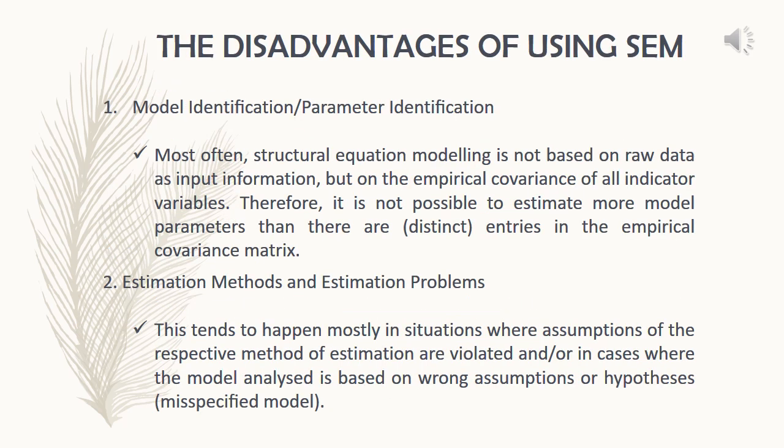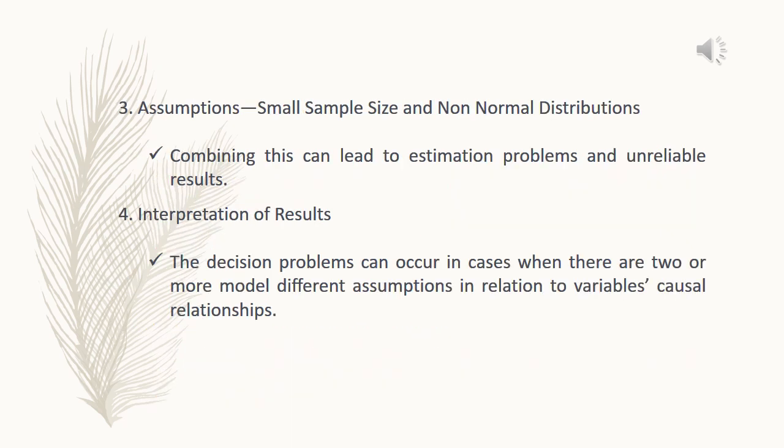Next we explore the disadvantages of the SEM. 1. Model identification. SEM is not based on raw data as input information, but on the empirical covariances of all indicator variables. 2. Estimation methods and estimation problems. This happens where assumptions of the respective method of estimation are violated and/or have wrong assumptions. 3.